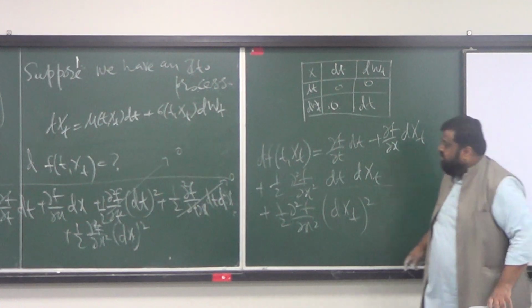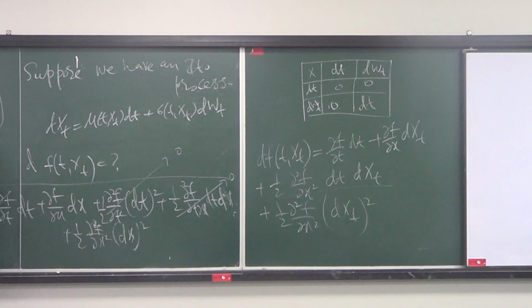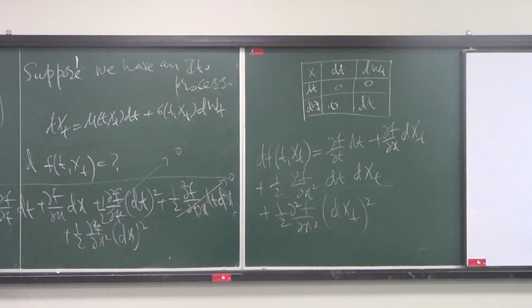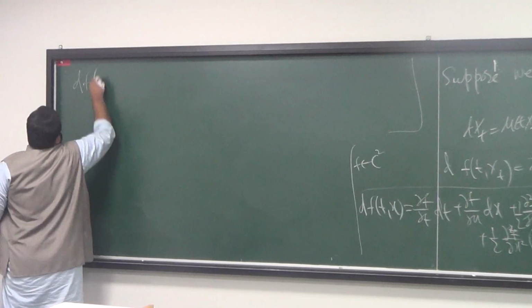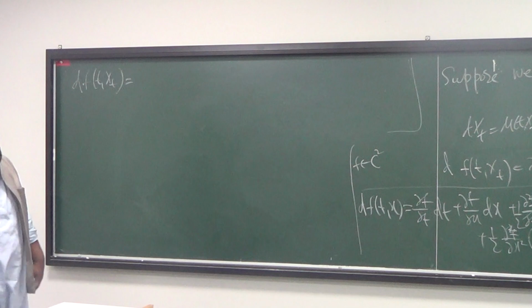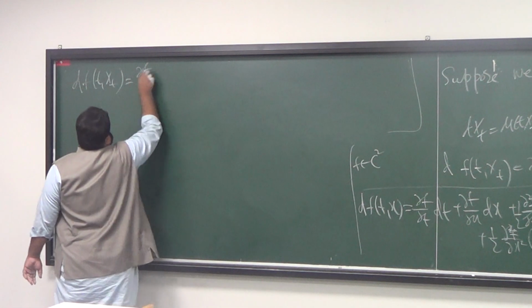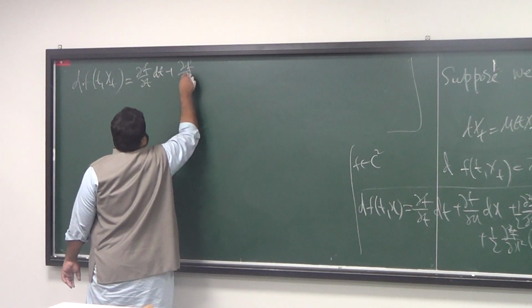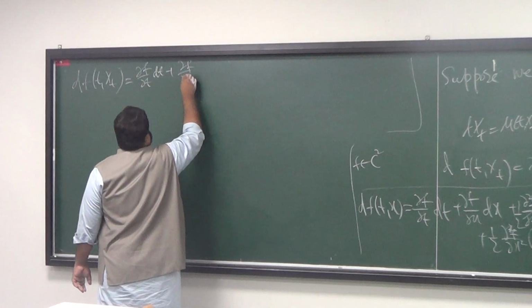So when you simplify this, you're going to have df(t, xt) equal to partial f by partial t dt plus partial f by partial x dxt.